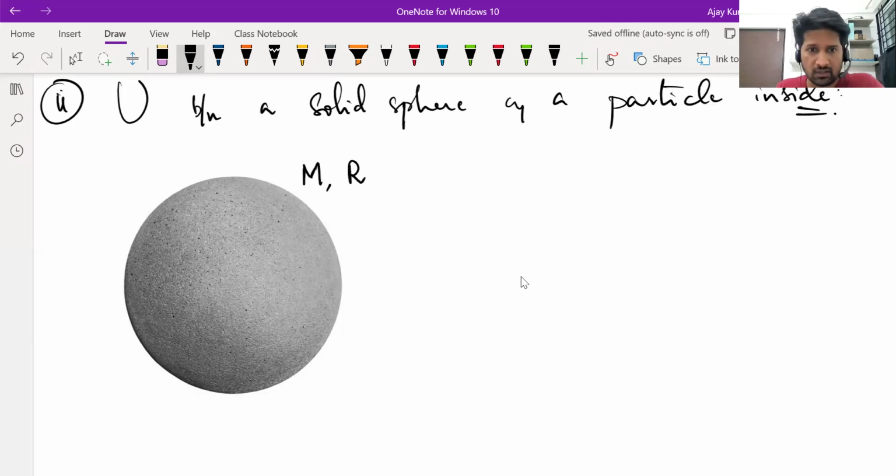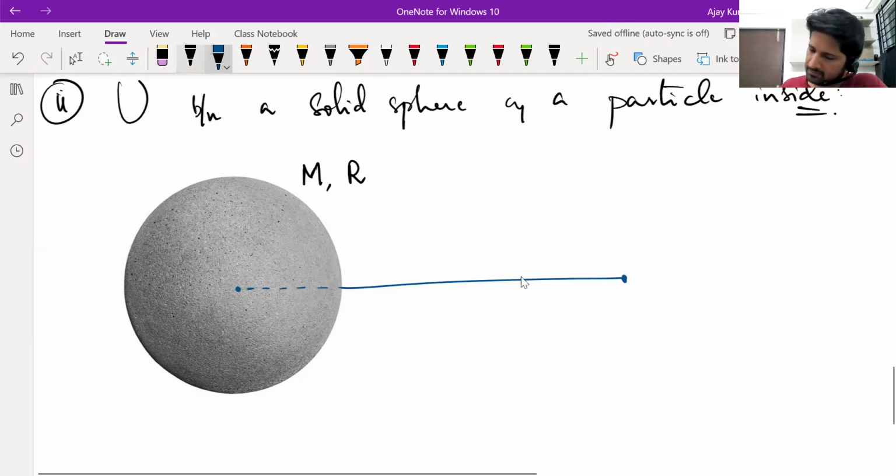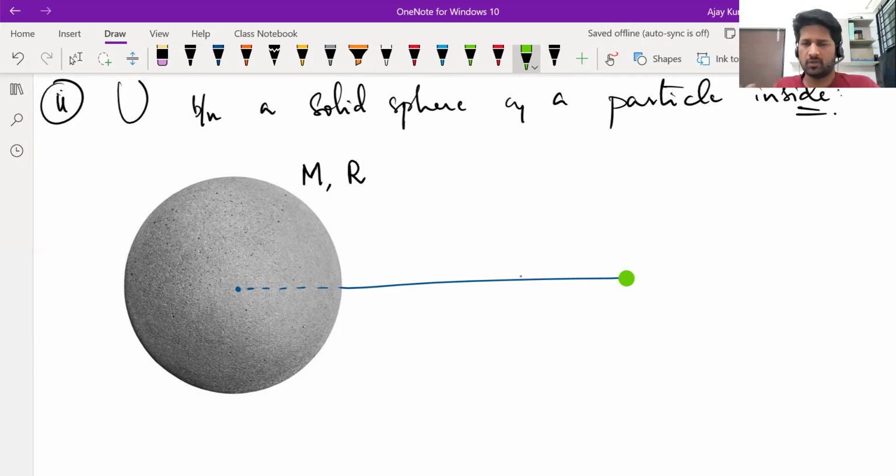Now, when the particle is outside the solid sphere, at a certain distance from its center, you know that you can treat the solid sphere as a single particle, and the formula will be the point mass formula, minus G m1 m2 by x, or minus G capital M small m by x. That's fine.